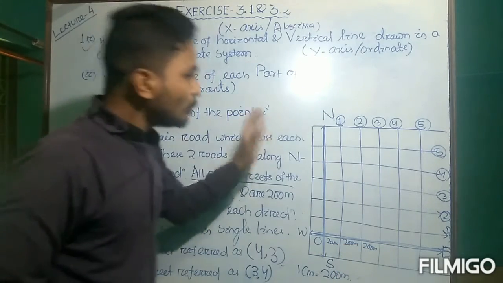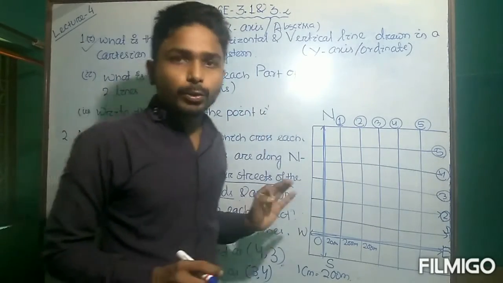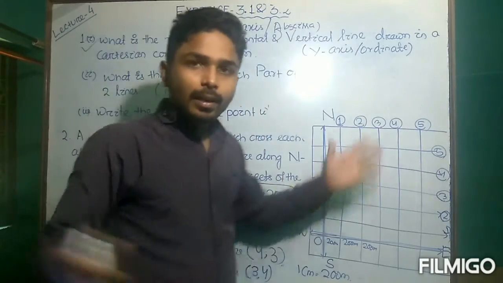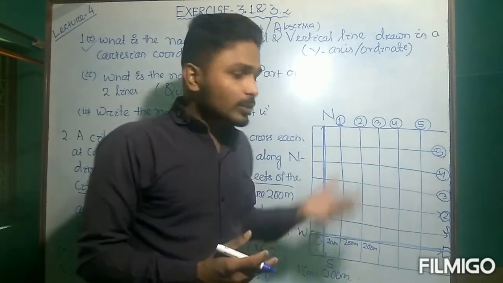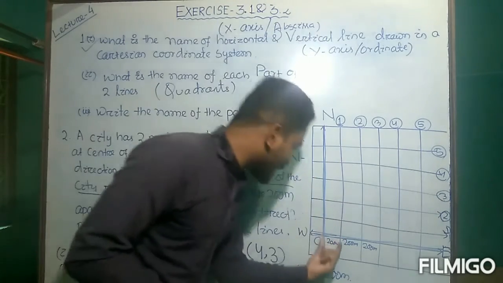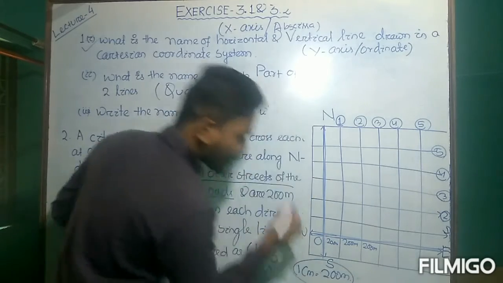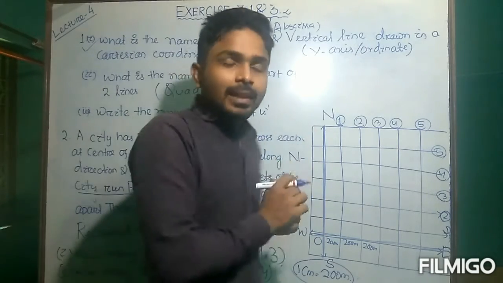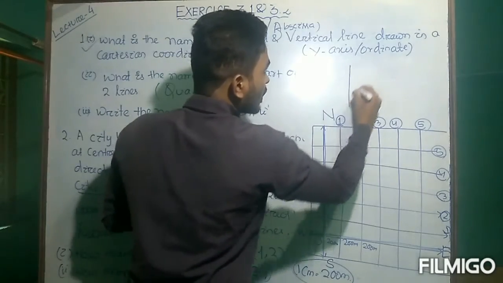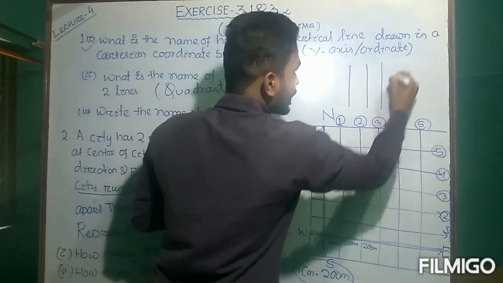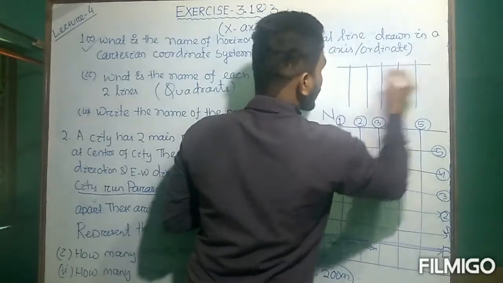So if we draw this diagram on graph paper, it is very difficult to draw. Why? Because we need a large paper, since we have to take a 200 meter gap. So for our convenience, we can take this 200 meters as 1 centimeter. If you remember graph paper, there are various vertical lines as well as various horizontal lines.